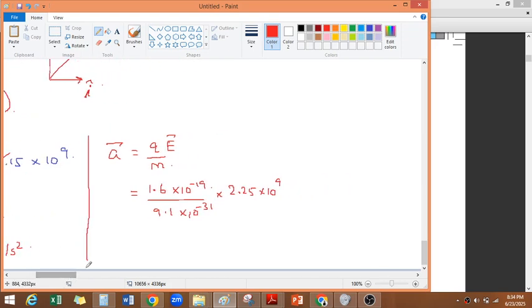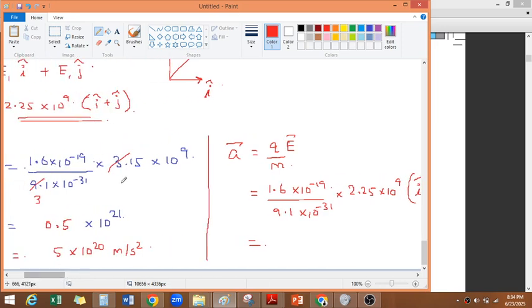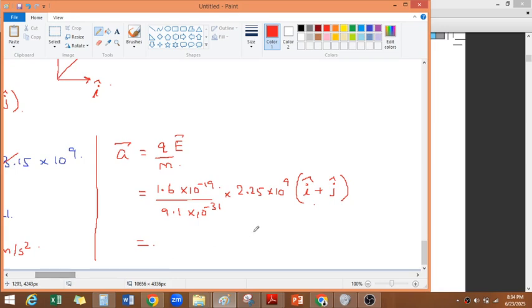So the acceleration will also be along the 45-degree i plus j. Any doubt here, anybody? Since we found the magnitude there, we put the magnitude, but here we are calculating the vector, so I am putting the vector here. Do the same thing, simplify this, only this number is changing, right?